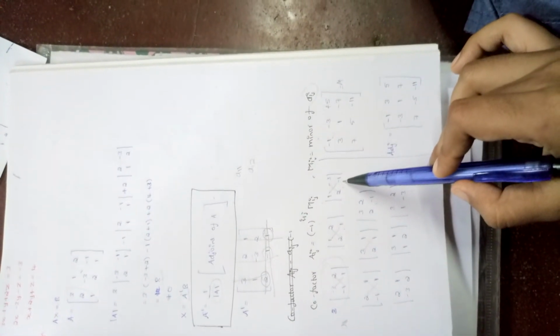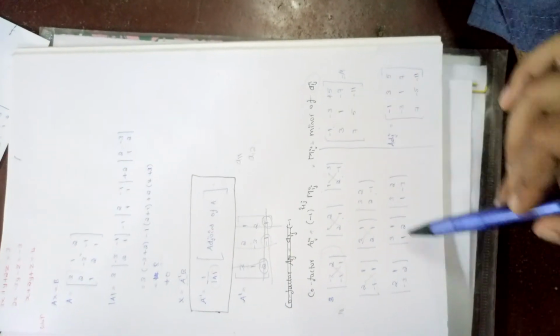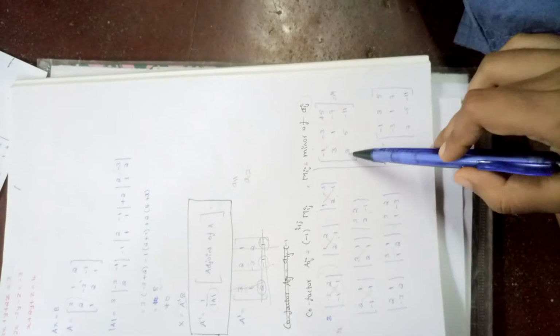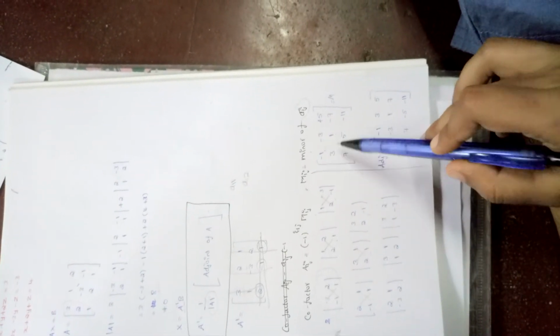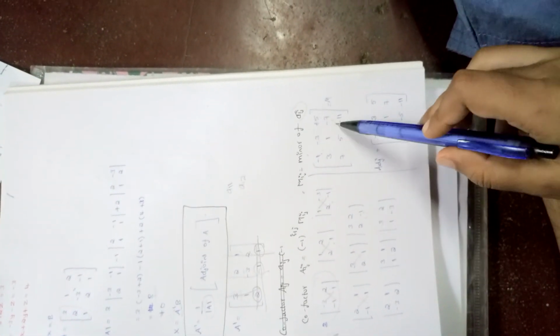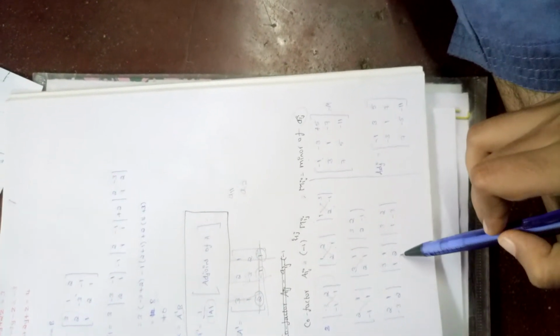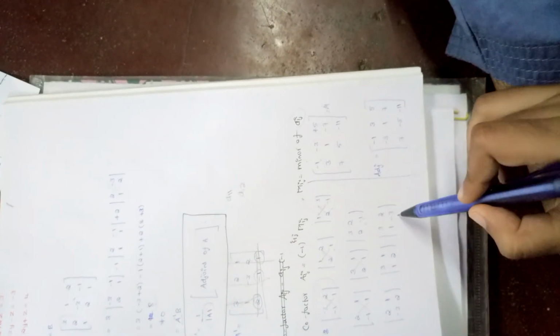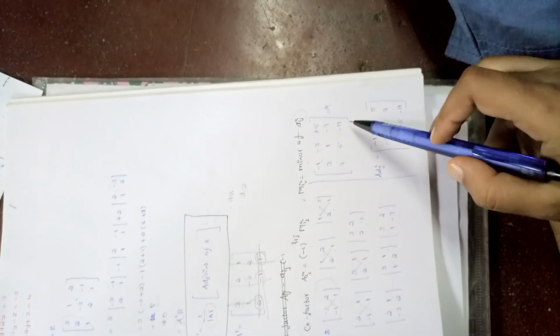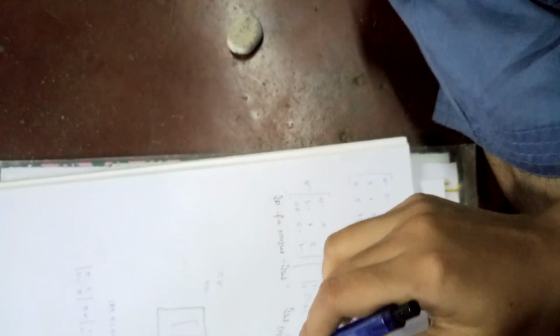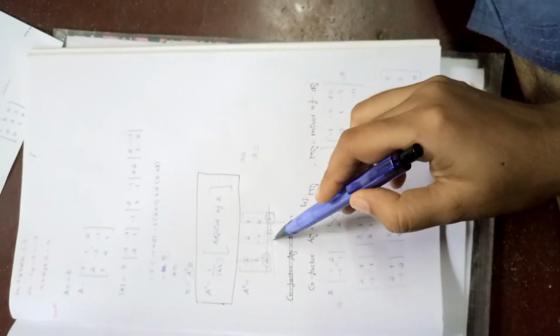This is minus 1 plus 6, which is plus 5. 2 plus 1 is 3. 3 minus 2 is 1. 3 minus 4, minus 3 minus 4 is minus 7. 4 plus 3 is 7. 6 minus 1 is 5. Minus 9 minus 2 is minus 11. So these are the minors of the terms of A transpose.